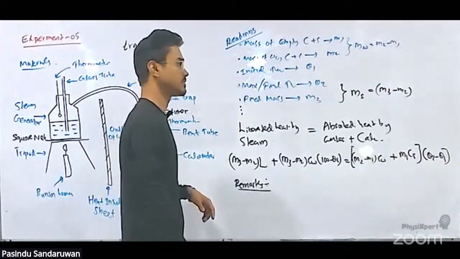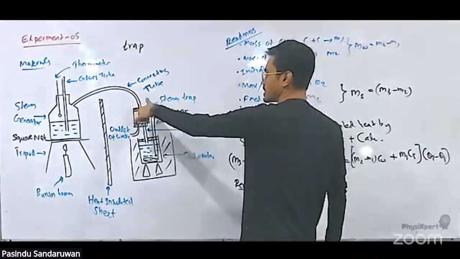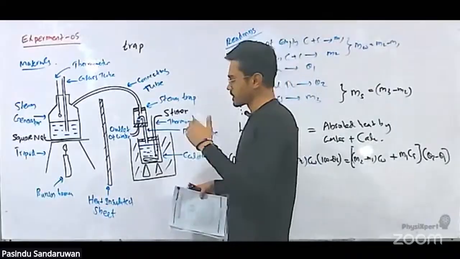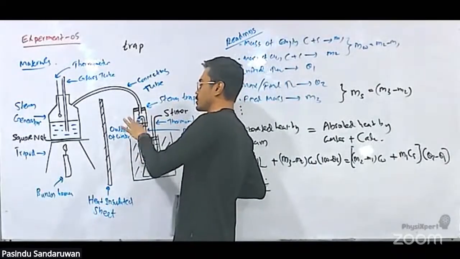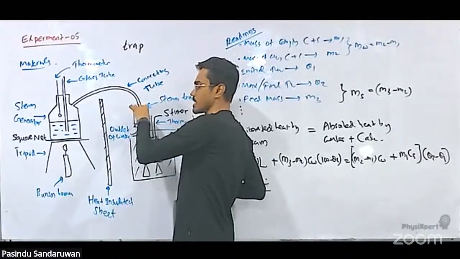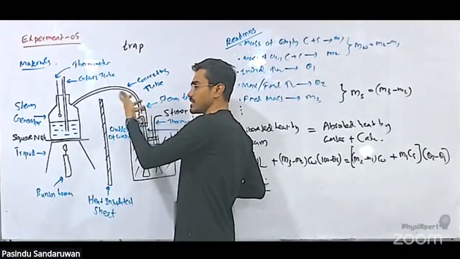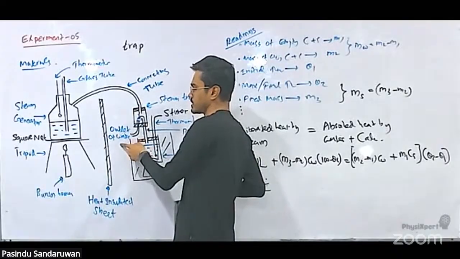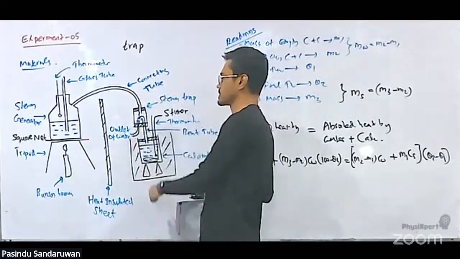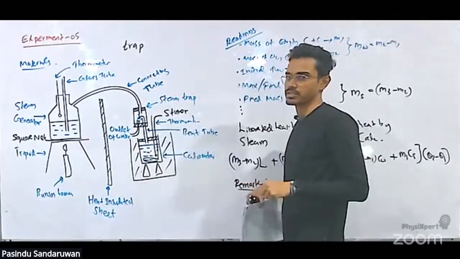Right, next point. Steam trap. Even though we use a shorter tube, there are particles which are already converted into water. Then to segregate water and steam, this steam trap is used. Right?